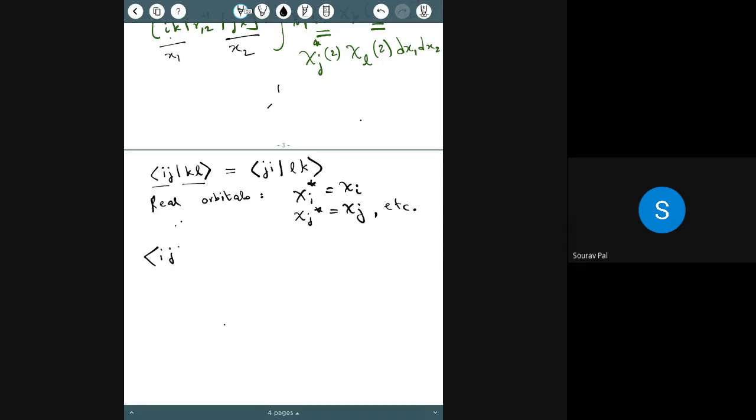So IJKL, I'll just rewrite it, equals JILK, and this is equal to KLIJ. This is equal to LKJI.